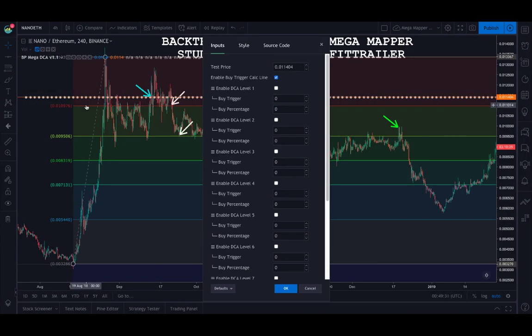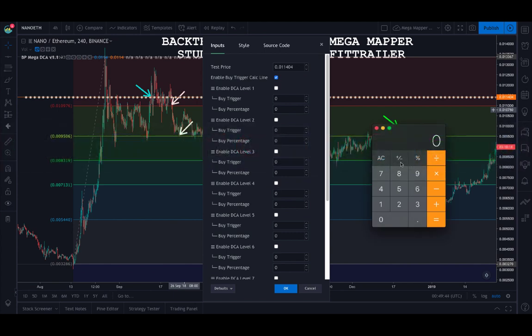So if it was positive DCA, you wouldn't make it negative. And so we take our average price, which is our test price, because we've only made one trade. 0.011404. We subtract the trigger level we're trying to target.